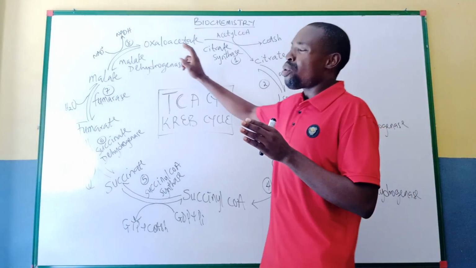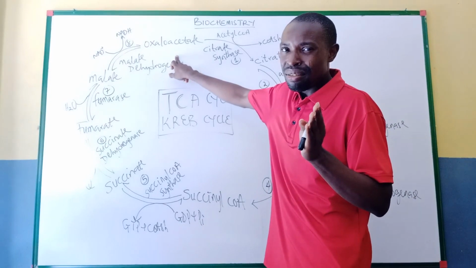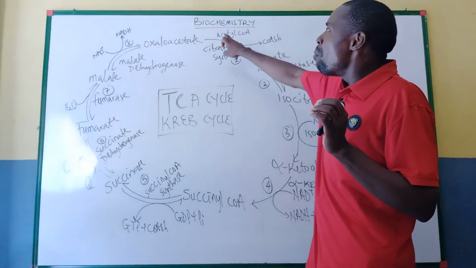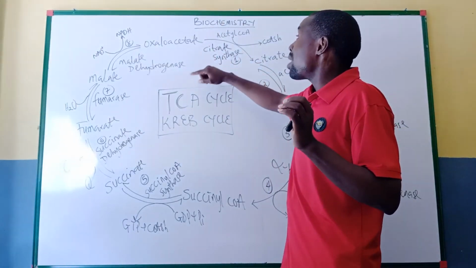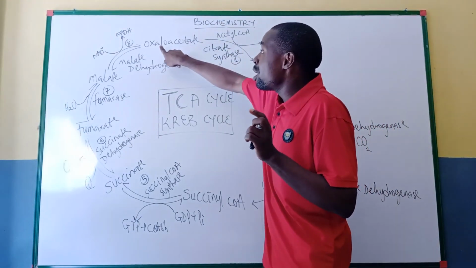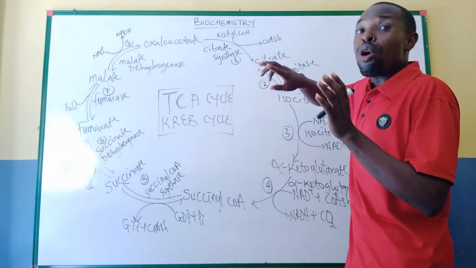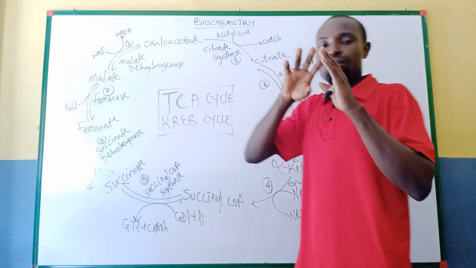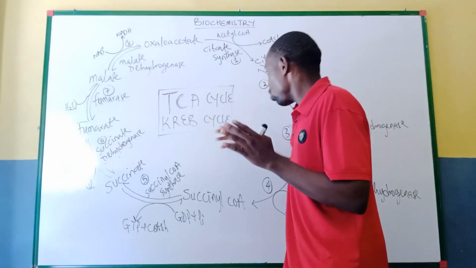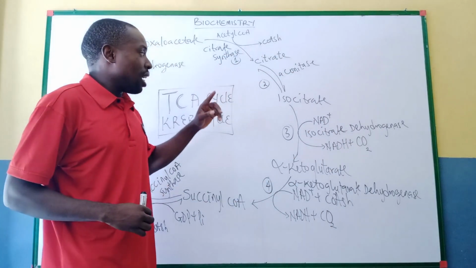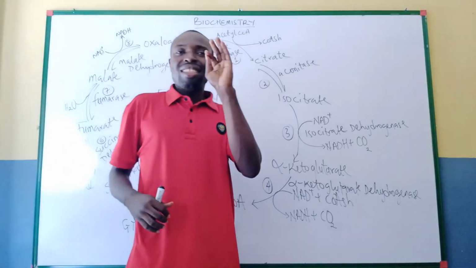Oxaloacetate is combined with acetyl-CoA, which is used to condense with oxaloacetate, with the release of 2 CO2, which you will see in this pathway.